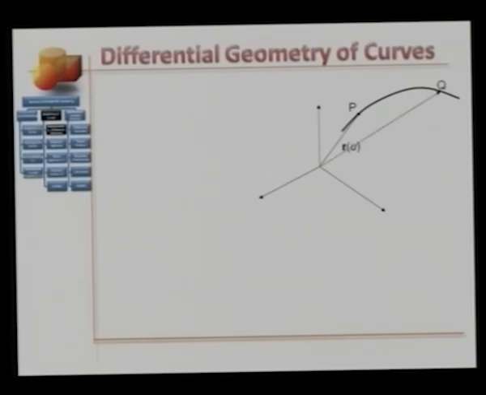And the position vector of Q is R(u plus delta u). This vector here is the difference vector, delta R. This bold arrow here represents the tangent at point P to the curve. The tangent is expressed by capital G in bold.